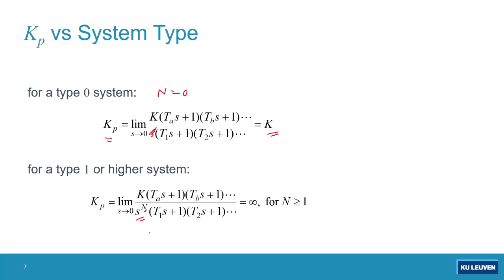In that case, if you calculate the static position error constant, you will get an infinite value. So you will only have a static position error constant equal to a finite number when your system type is equal to 0. Other than that, the static position error constant will be infinite.